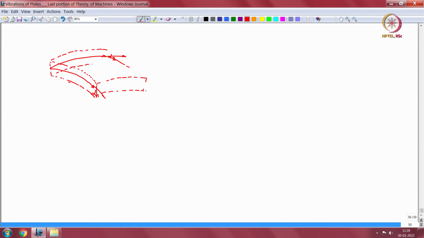So we get this. Okay, so that's the middle surface. Okay, so this is alpha 1, that is alpha 2, that is alpha 3.